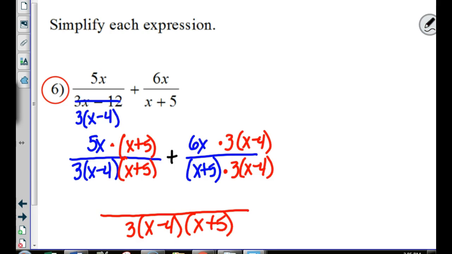Okay, what happens up top, though? Can you distribute this? Because we might be able to combine some like terms. 5x squared plus 25x. Okay, what are we doing over here?